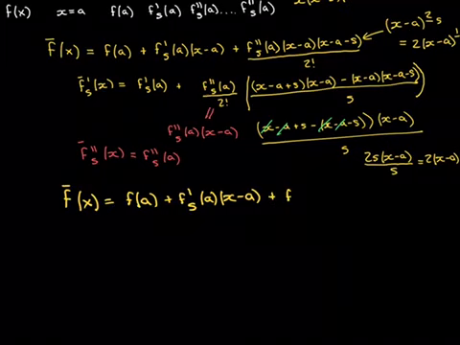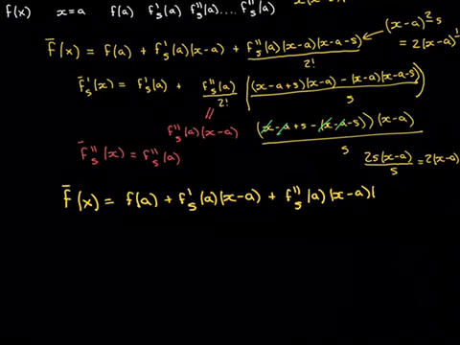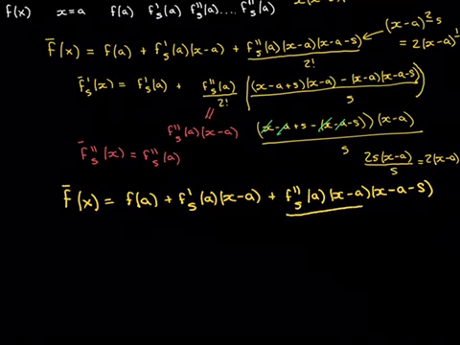plus f double prime evaluated at a, and then remember that what we've got here is effectively x minus a to the power of 2 falling, where the difference is s, like so, and then over 2 factorial, which is just 2.